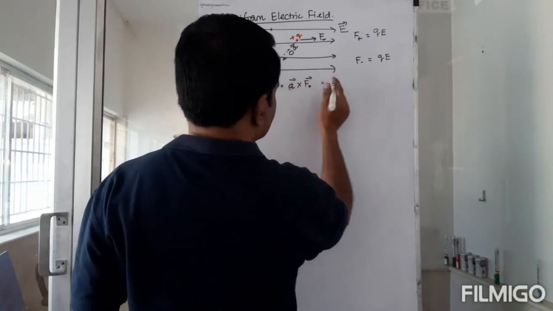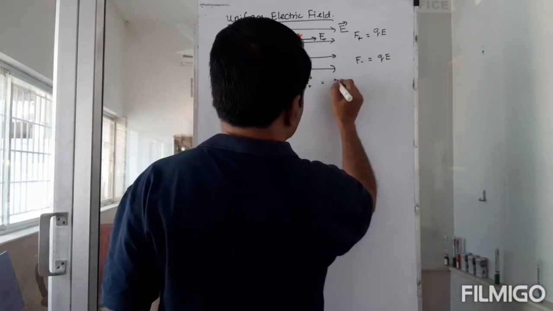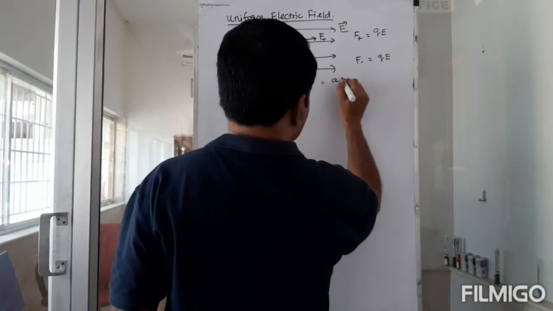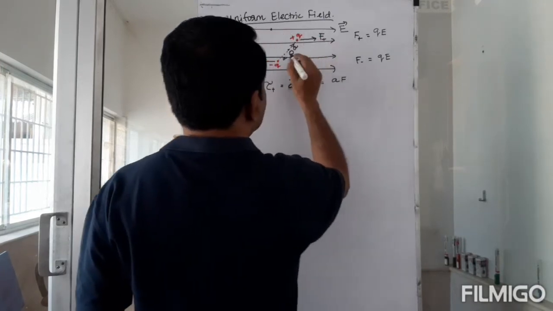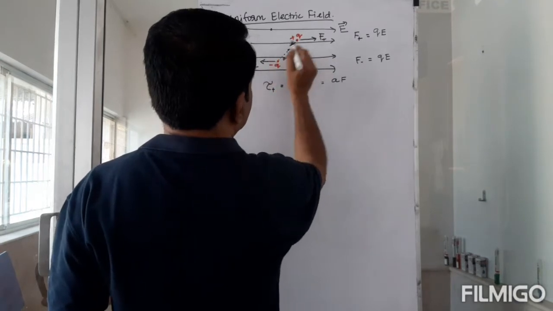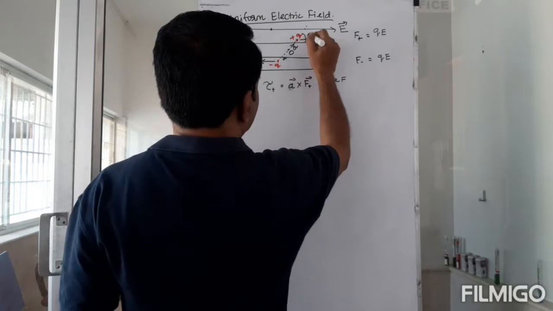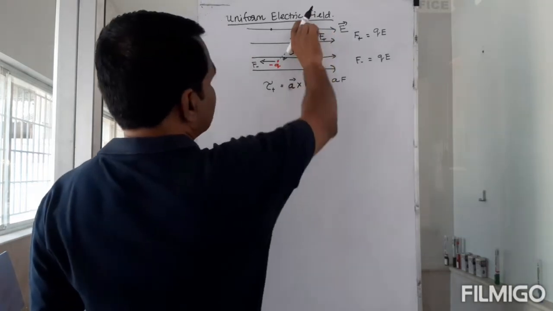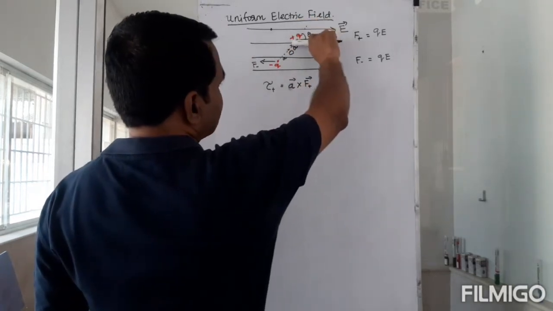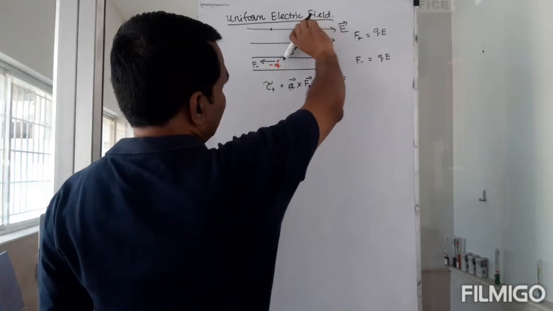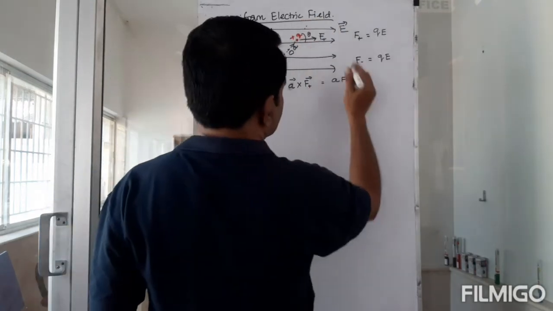What is the magnitude of this? The magnitude is going to be A F sine theta, right? That is this angle, the angle between these two. Theta is the angle between this R vector and this F vector. F vector is like this, R vector is like this. So AF sine theta.